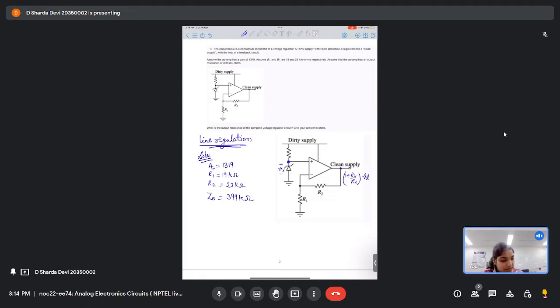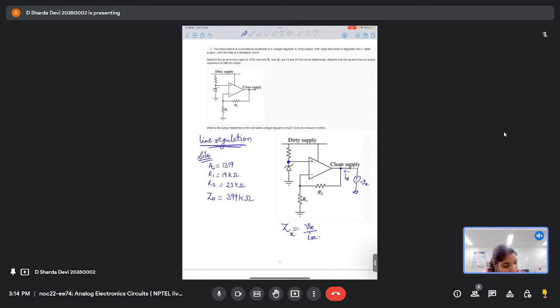How do we find out output impedance or impedance across any node? We say, let's say we apply a small test voltage Vx and it provides a small test current Ix. Then the impedance across that node will be Zx equals Vx upon Ix, right?